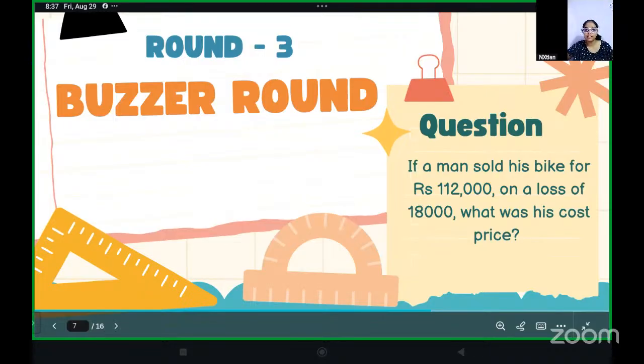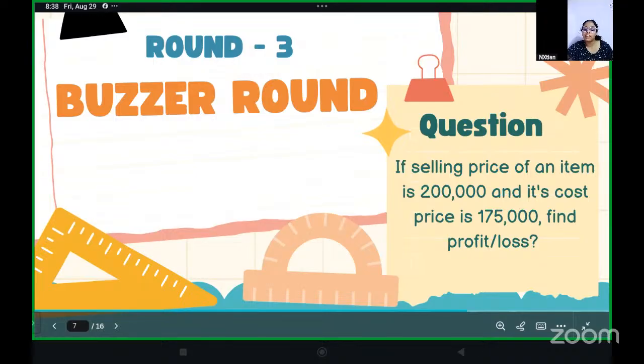If the selling price of an item is 2 lakh and its cost price is 1,75,000, find the profit or loss. Yes, Abraham. Ma'am, the profit is 25,000. Okay.